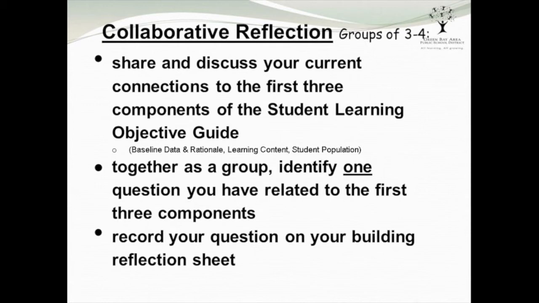Then, your group will come to a collective decision and identify one question you have related to any of the three components reviewed. Finally, one member of your group will record the group question on your building reflection sheet. We will pause the presentation at this time for the collaborative reflection.